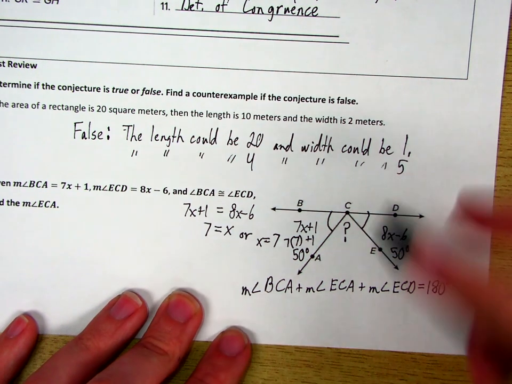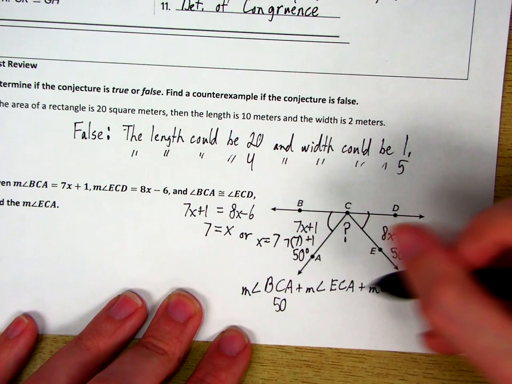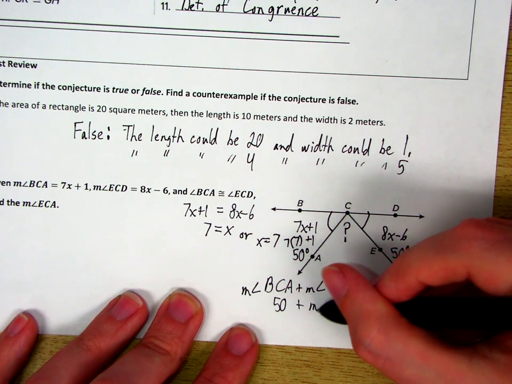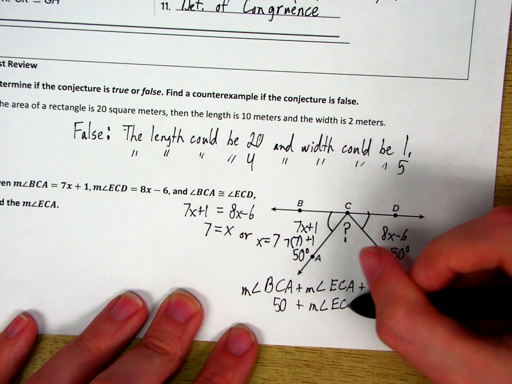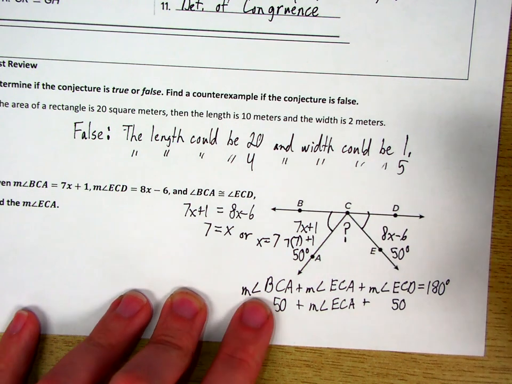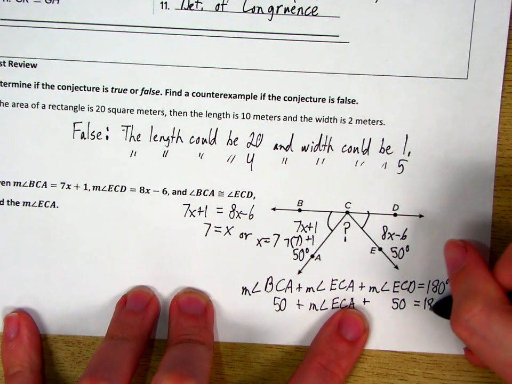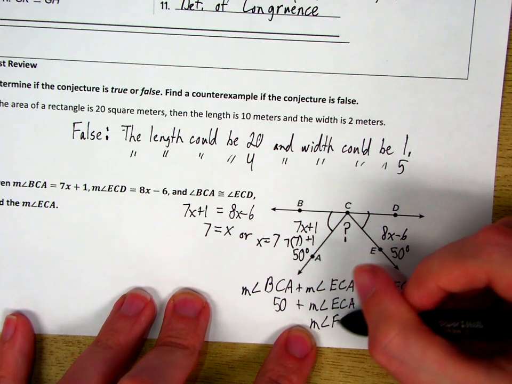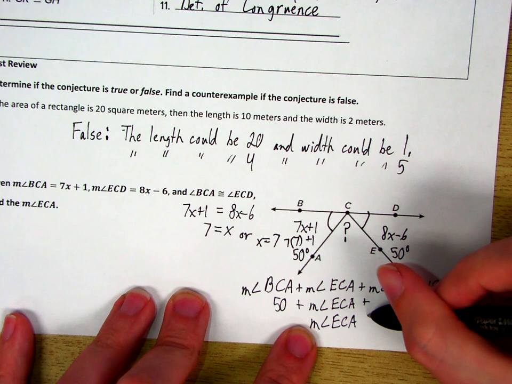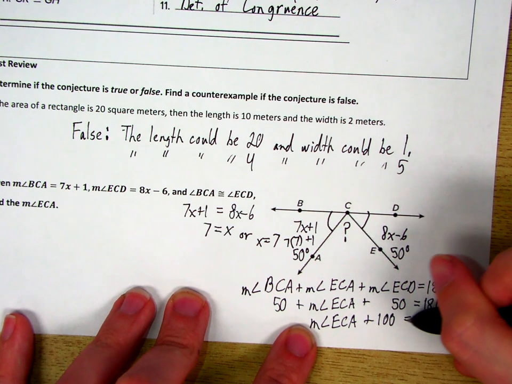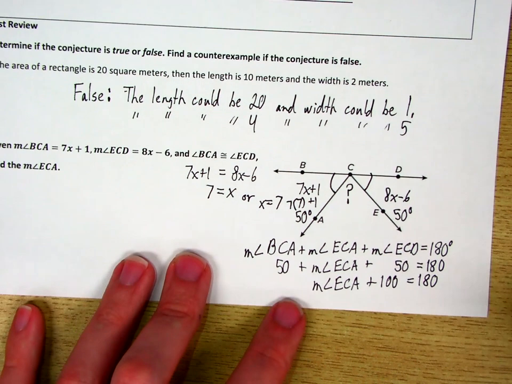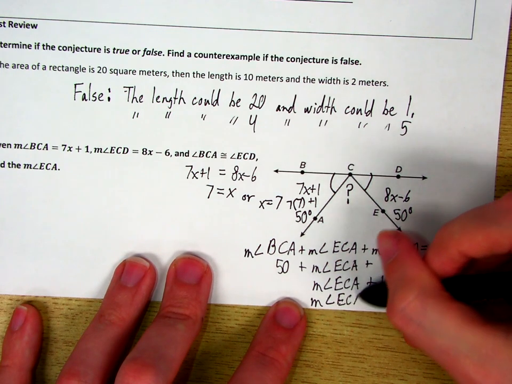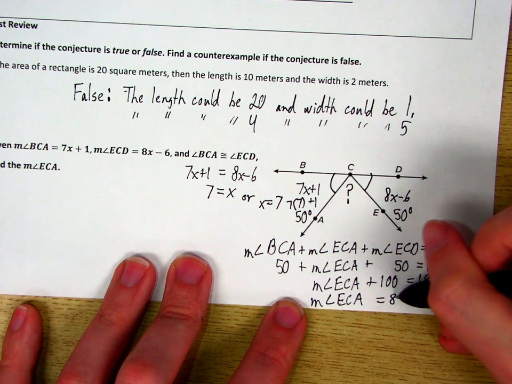If you know BCA is 50 and ECD is 50, we're left with the measure of ECA plus 50 equals 180. Or the measure of angle ECA plus 100 equals 180. Or the measure of ECA is just 80 degrees.